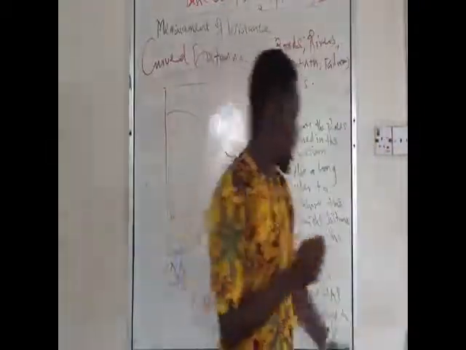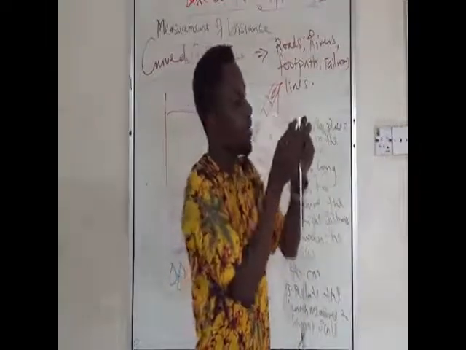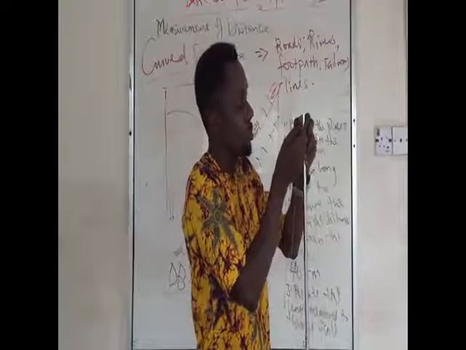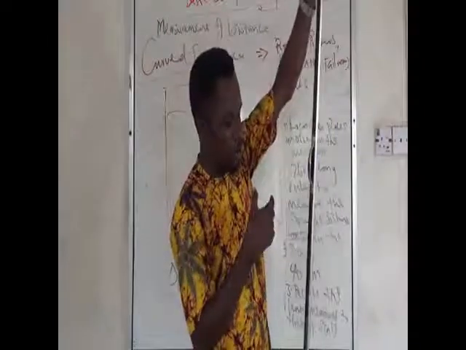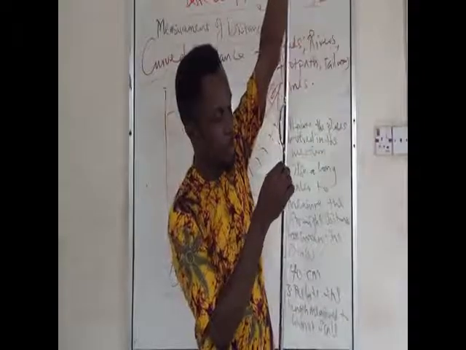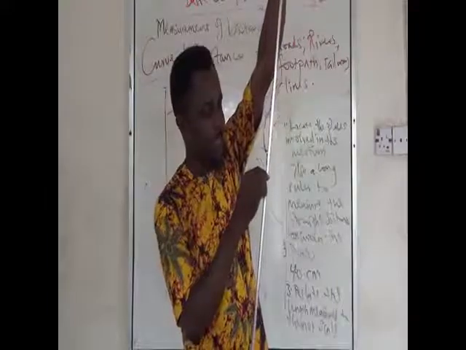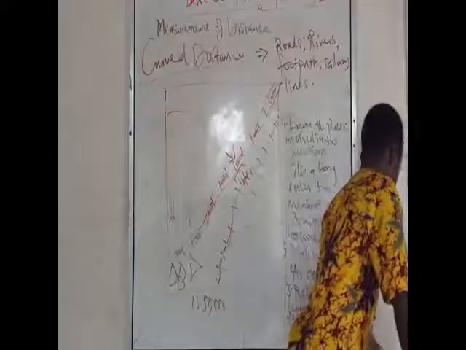So what we do is, you bring your ruler, you place the tip on 0, and you read it down to where you marked. We have 45 centimeters. Good.